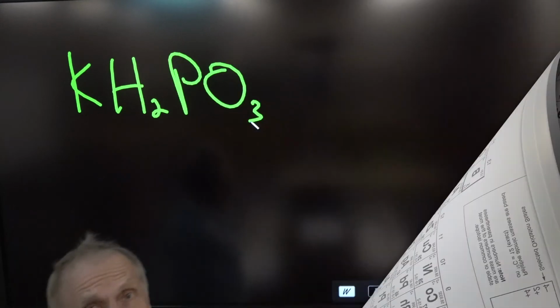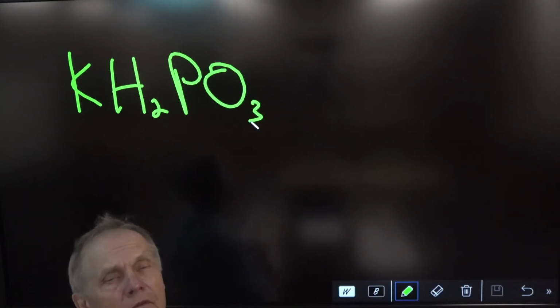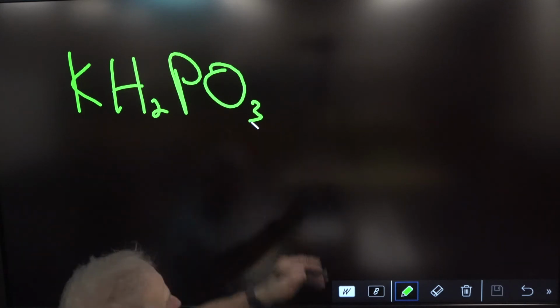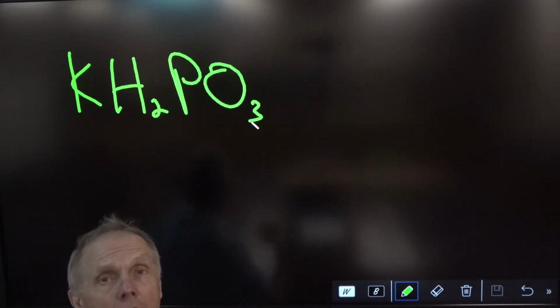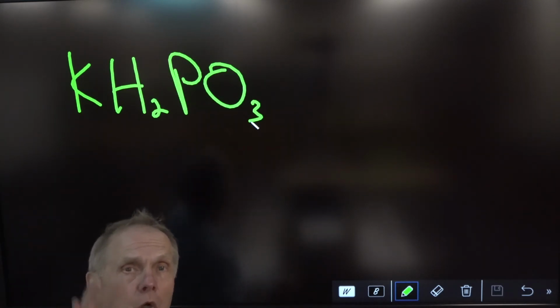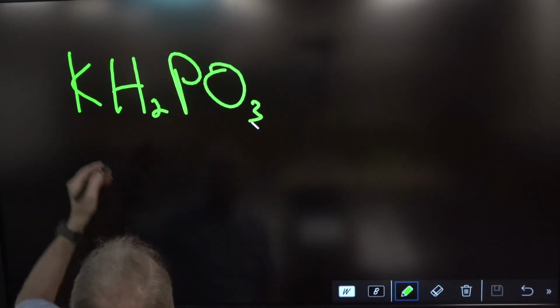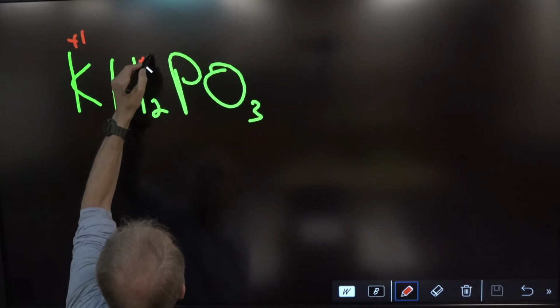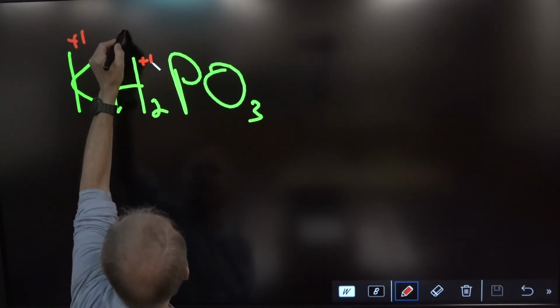So, all right, here's a few more finding oxidation states. We're going to find the oxidation states of all this. Remember, all the oxidation states have to equal 0. So, H is a +1, but we have 2 of them, so that's +2.